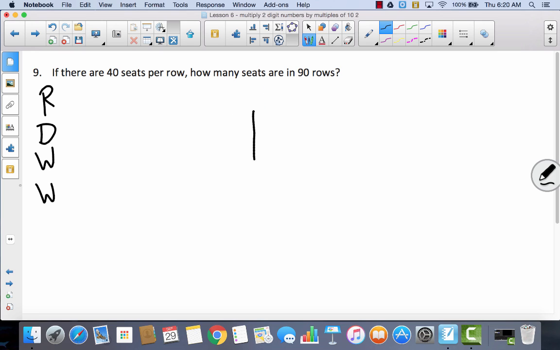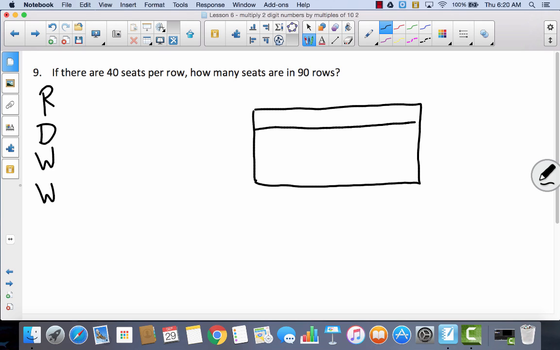Even though it says 9 rows, I'm just going to make it a little bit smaller. I'm going to make it a little bit longer than it is taller, and I'm going to do 4 tens this way for 40. So this will be my 4 tens. And then I'll do 9 tens this way.